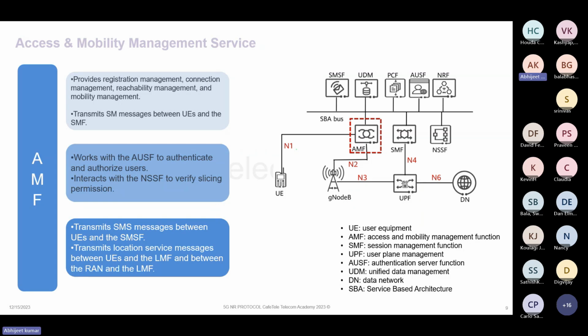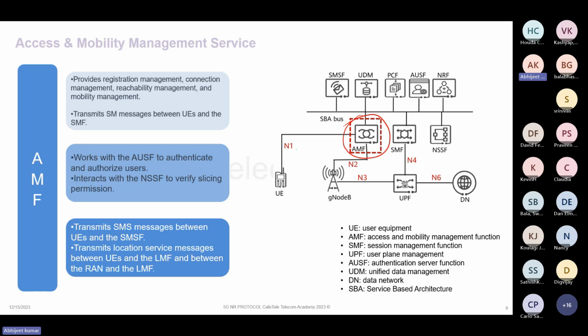So that's how it works in 5G. AMF acts like that. AMF is like the information desk which gets your phone registered on the network. It is like checking into the mall, the entrance point.